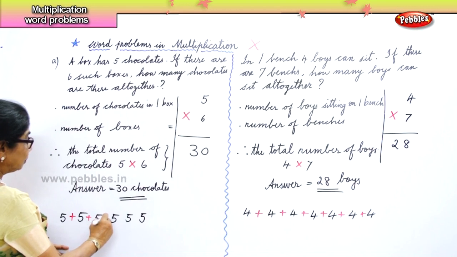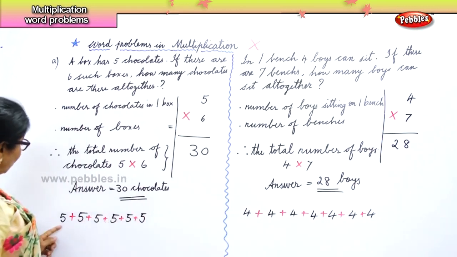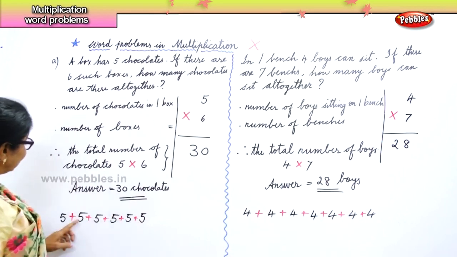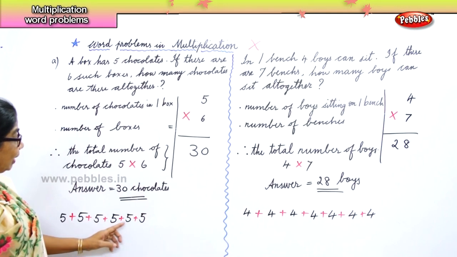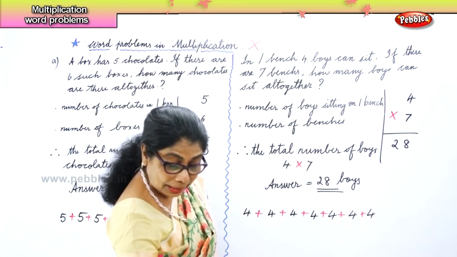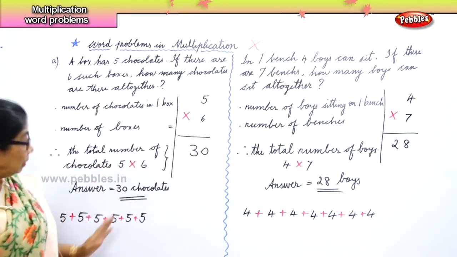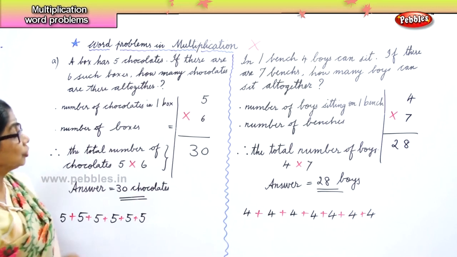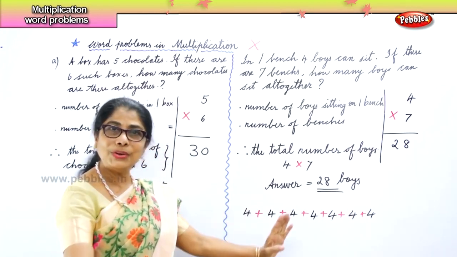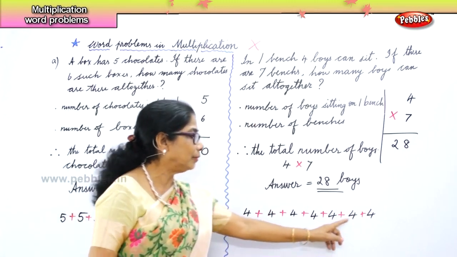Repeated addition is multiplication. Now let's all add and see. One box has got 5, 10, 15, 20, 25, 30. What is multiplication? It is repeated addition. So here you have 1 box, 5 chocolates, and 1 bench, 4 boys. All you need to do is, how many benches? 1, 2, 3, 4, 5, 6, 7.